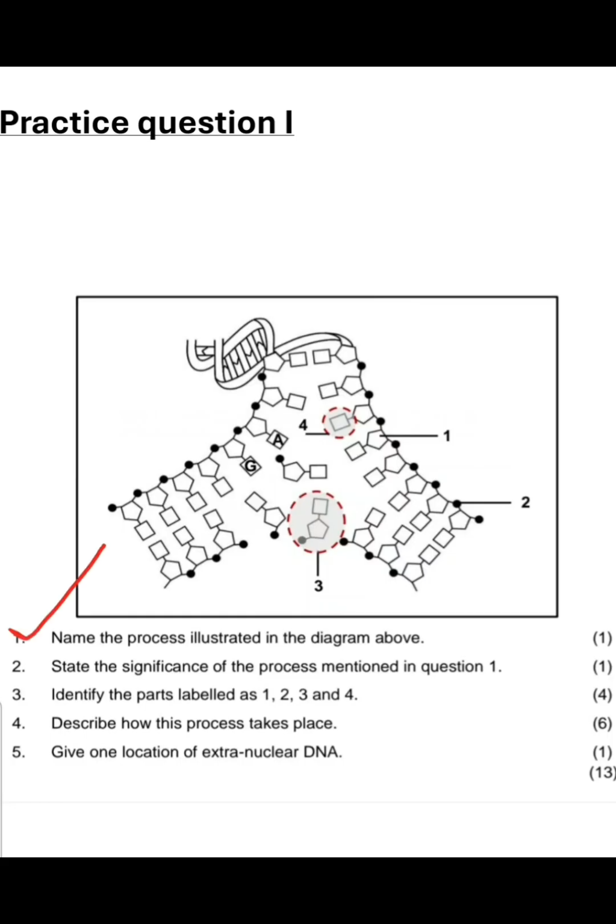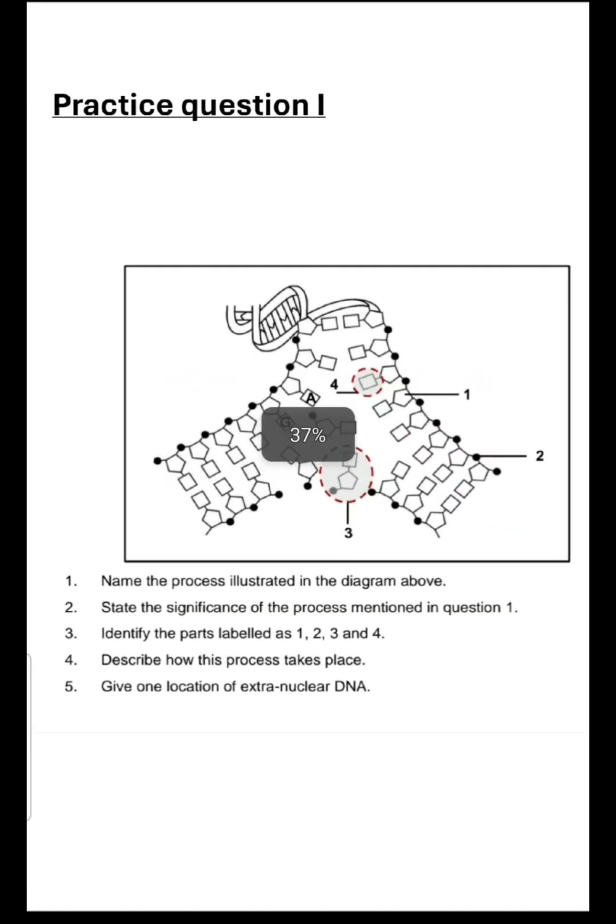So the answer here is DNA replication. Then state the significance of the process mentioned in question 1. So what's the importance? The importance is to produce two identical DNA molecules with the same number of chromosomes.